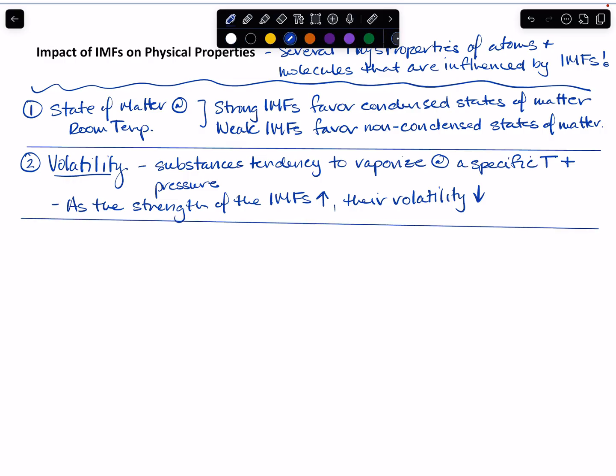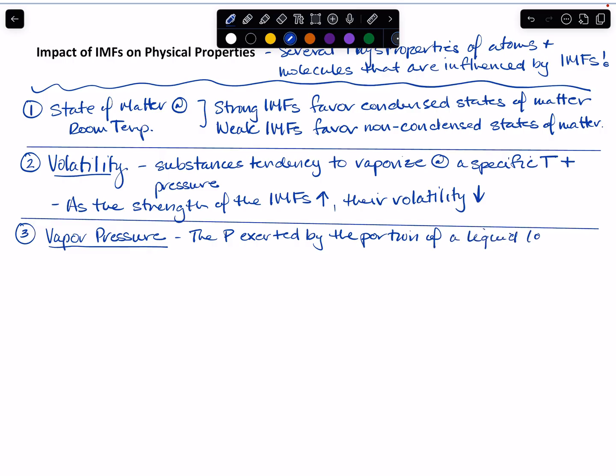All right, up next, vapor pressure. Now, vapor pressure is always a tough physical property for students to grasp. It's basically the pressure exerted by the portion of a liquid, usually, it could be solid, but it's rare.